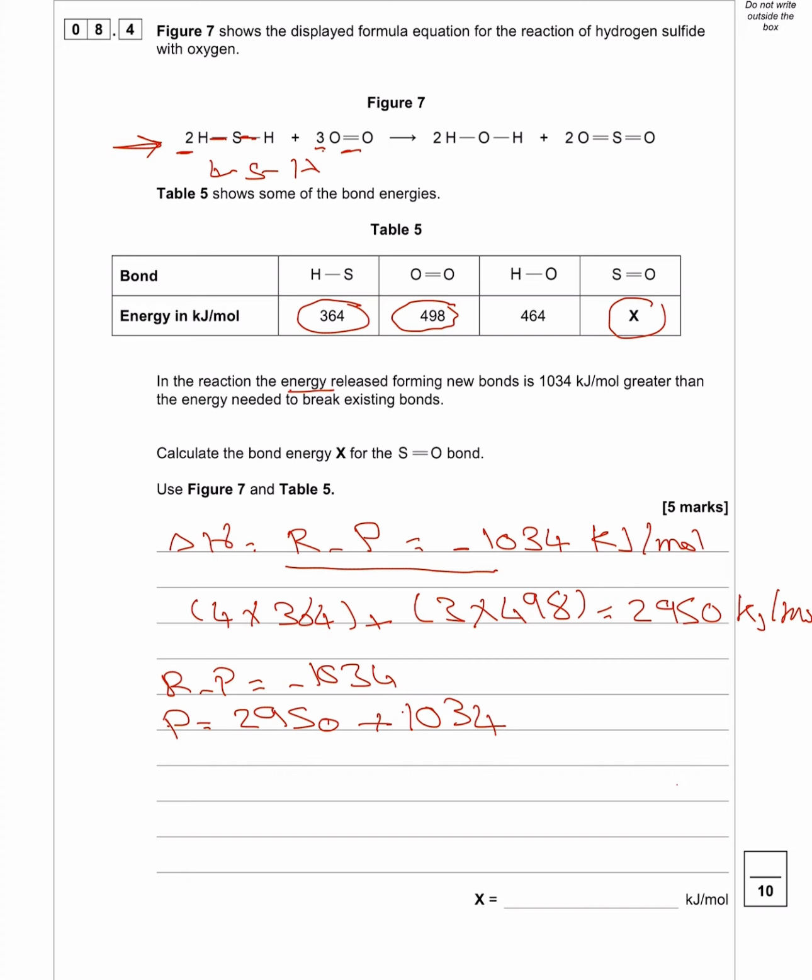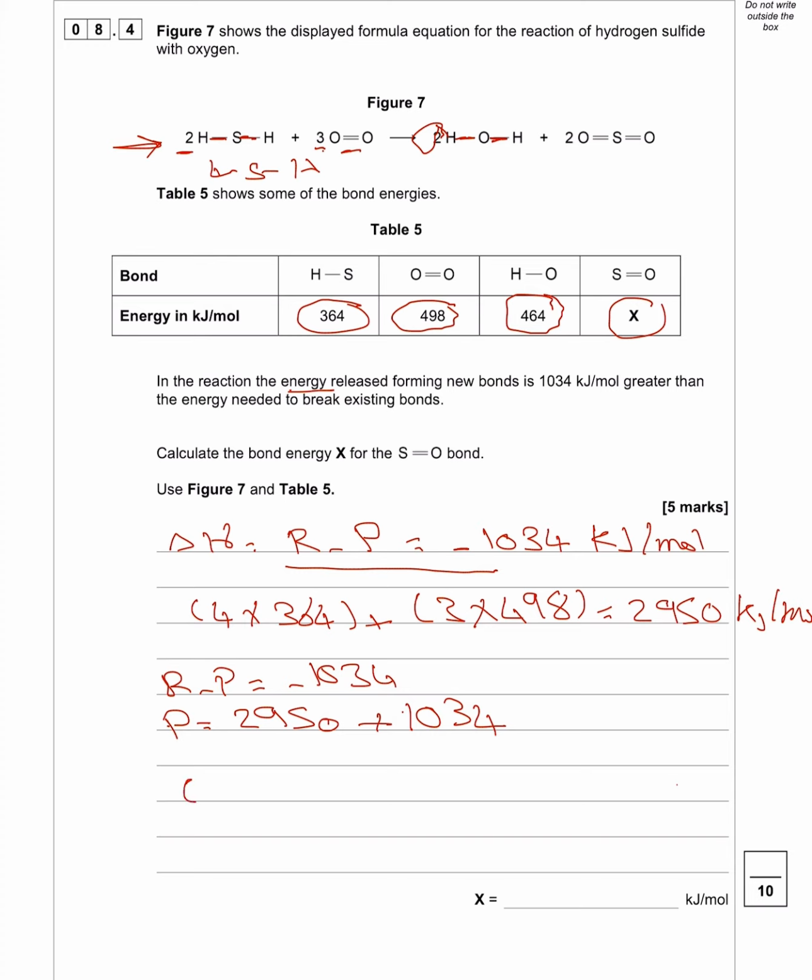Now let's have a look at the energy released with the product. So here in the product we have two OH bonds and they are repeated twice because there are two moles. So that means in total there are four of the OH, and this is the energy needed for one OH.